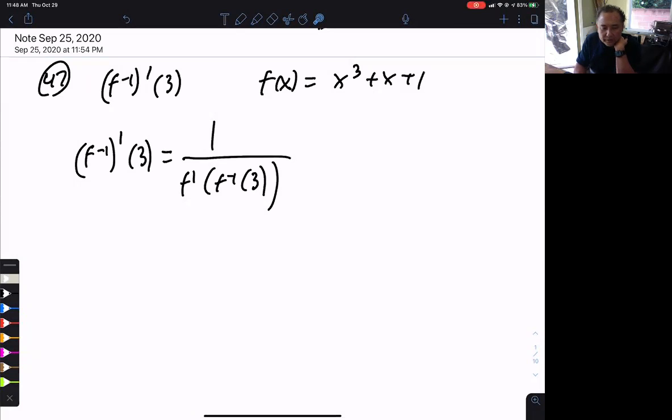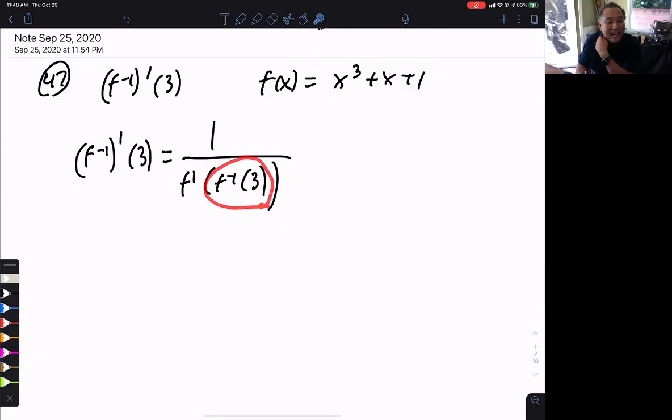Well, here's the secret. Notice in this formula, I never have to take the derivative of the inverse. I just need the derivative of the original function, which I have, so I can find that. The only secret is I need to find the value of the inverse function at 3.